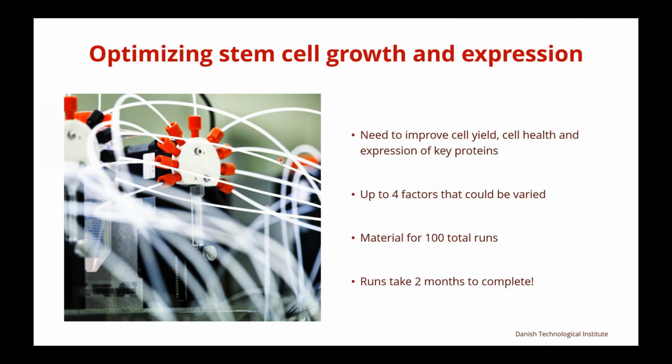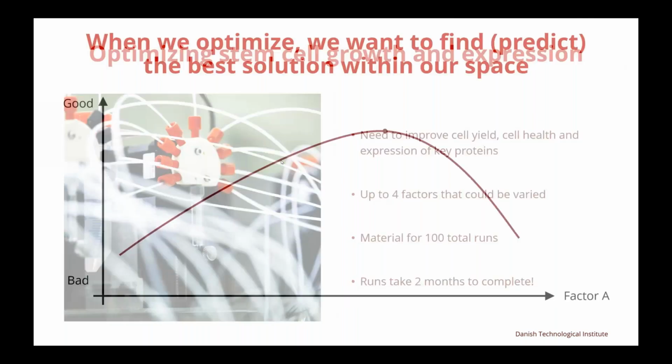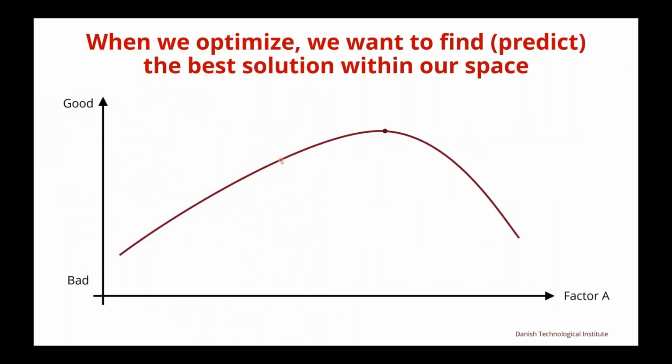Now, at this stage, building an optimization model, it's important to realize what we are aiming to achieve when we do this kind of work, because it's different from picking the right combination of components, as I showed you in the first example. The important part here is that they wanted to optimize the growth process, which means that they want to find, or essentially predict, some setting along each factor where they should place their default process.